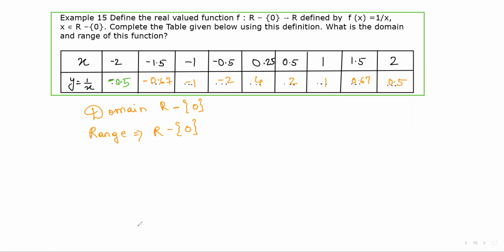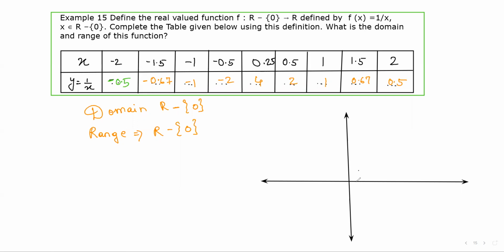So if you were to draw this on your x and y axis, then such a graph would look like this. At x equals 1, your y equals 1.